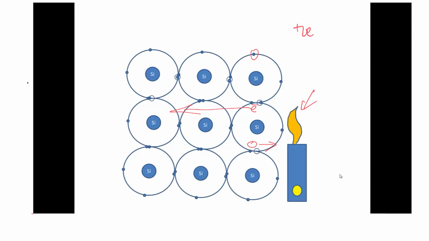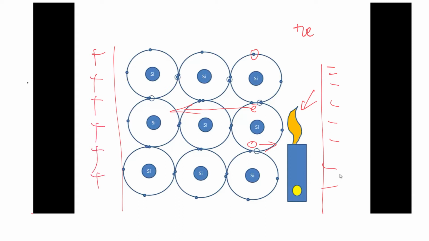So positive holes are our positive charge carriers moving towards, in this case, a negative field. Our electrons might be moving the other direction towards the positive part of that field. So we have a potential difference or a voltage applied across this. The flame provides the extra energy needed to get those electrons to start moving from their more stable silicon atoms.